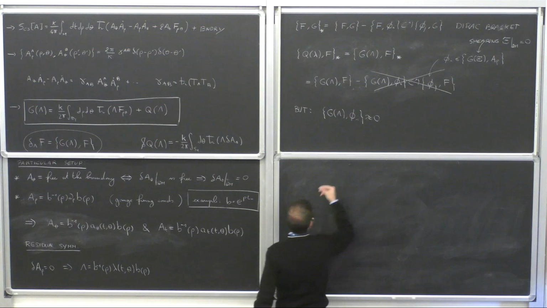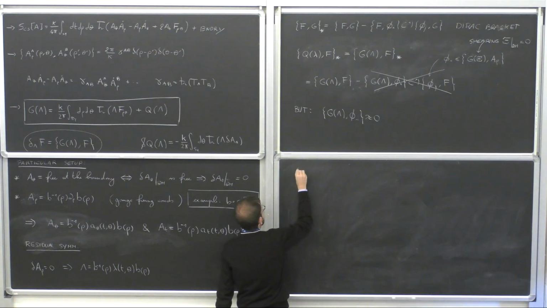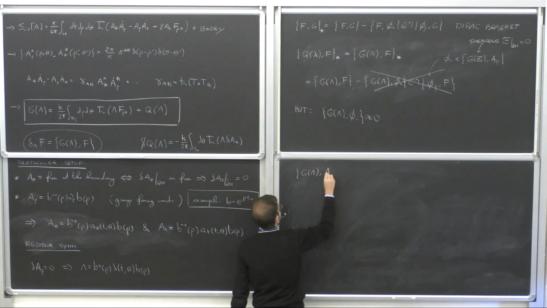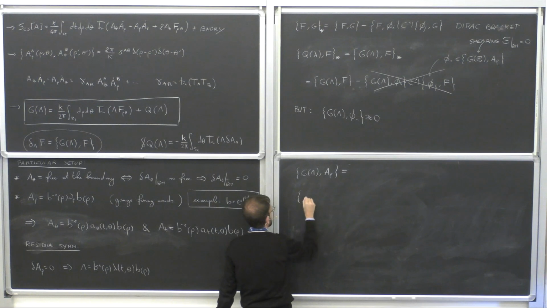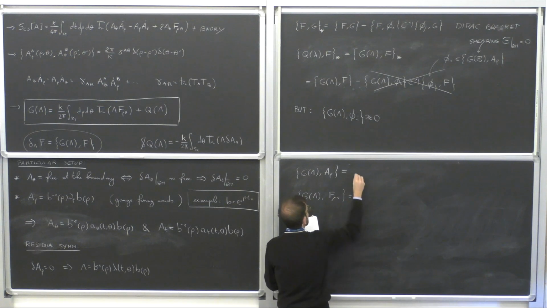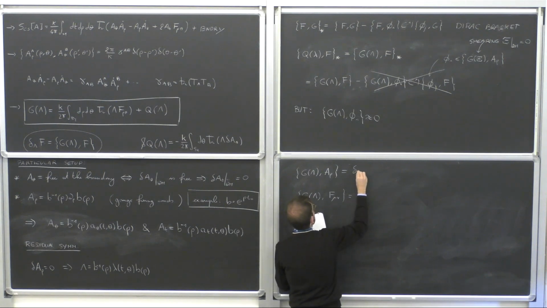So to verify that this is true, we just check it in the two cases that matter. So what we have to compute is this one and see what it gives, and this one. But this is just delta lambda a rho, and this is delta lambda f mu nu.